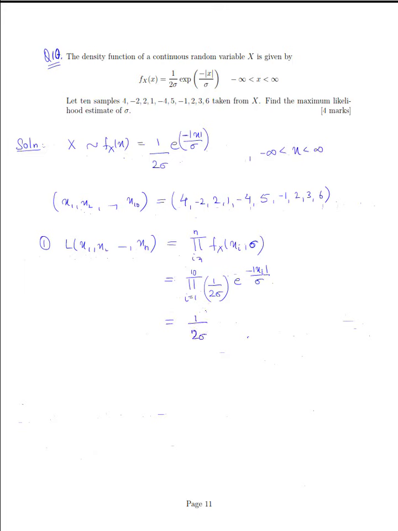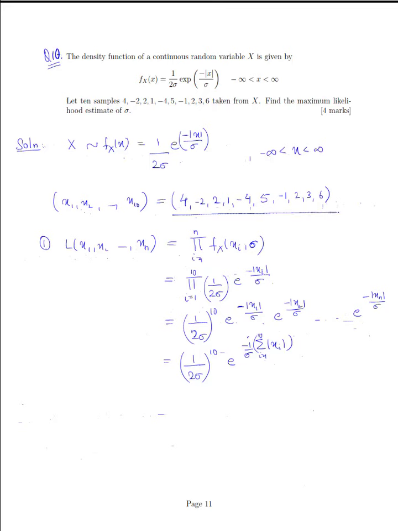So 1 upon 2 sigma to the power 10 e to the power minus of mod of x1 by sigma, e to the power minus mod of x2 by sigma, up to e to the power minus of mod xn by sigma. And this can be written as 1 upon 2 sigma to the power 10 e to the power minus 1 by sigma sum over mod of xi, i varying from 1 to 10.